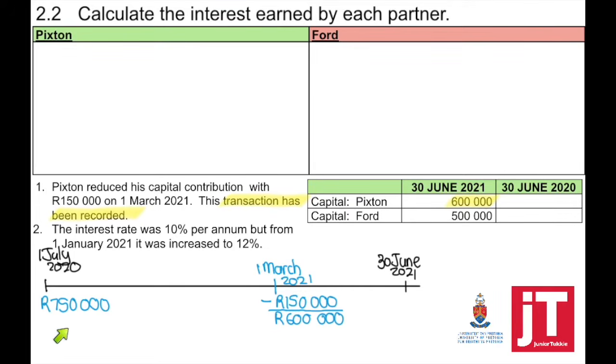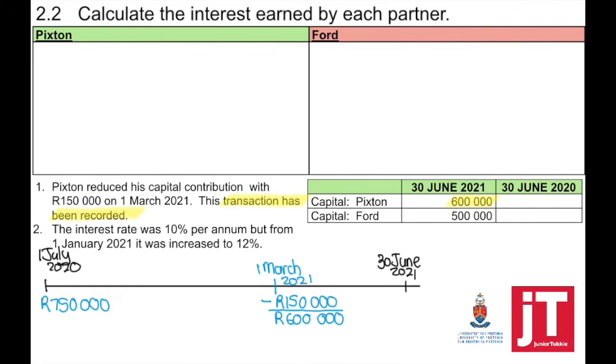This means we need to calculate the capital balance for the beginning of the accounting period. To calculate that, we need to work backwards. We need to add. Why did we add? Because he reduced it, which means that his capital balance was more in the beginning of the accounting period.